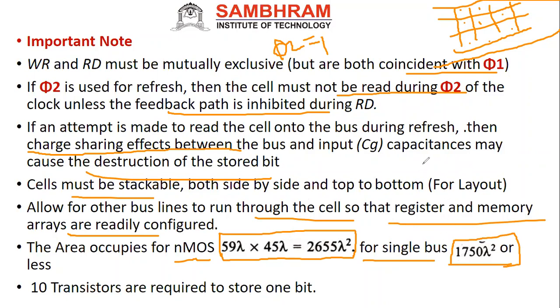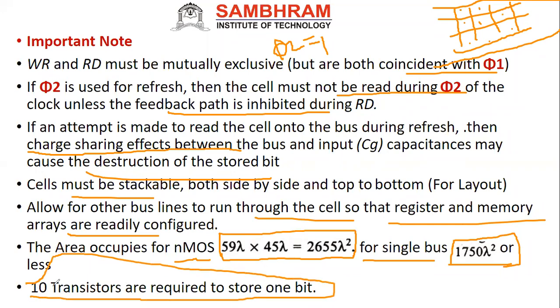But if I use 2 buses, I can read as well as write the signal. I can keep writing data to one memory location while reading data from some other location. From the same memory location, you cannot write and read at a time. That cannot be possible.